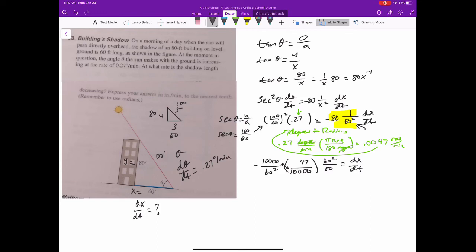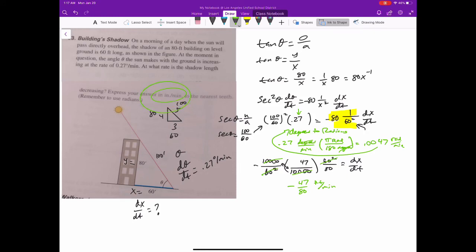Okay. Get rid of 60 squared. These go away. And we're at negative 47 over 80, and this is in feet per minute. And the problem asks us specifically to express it in inches.